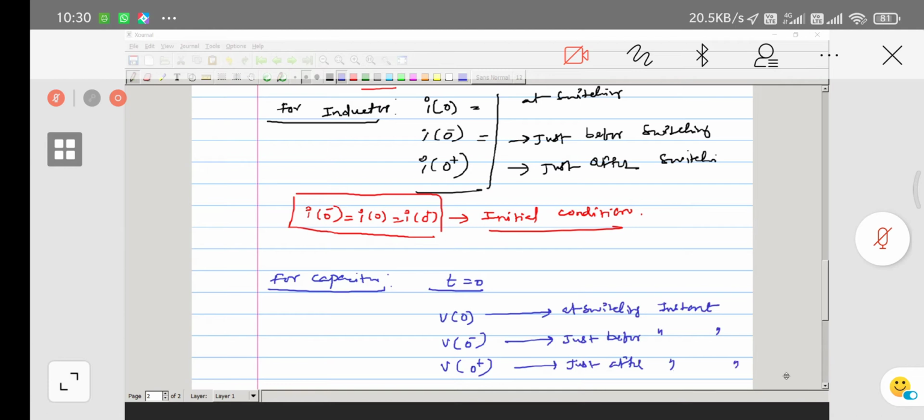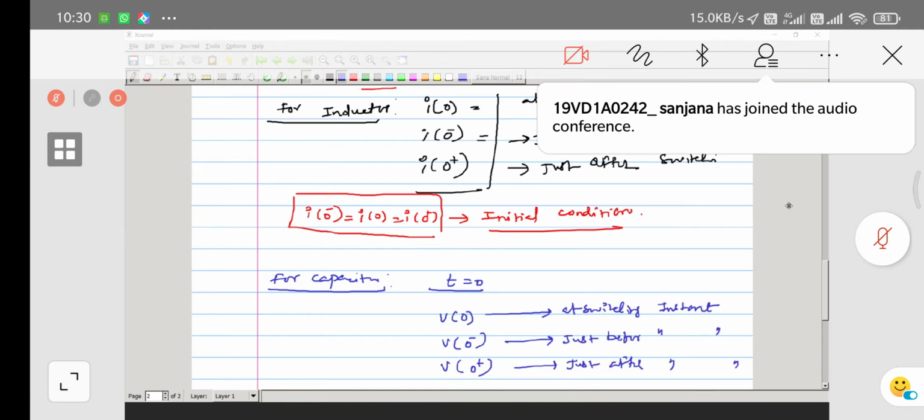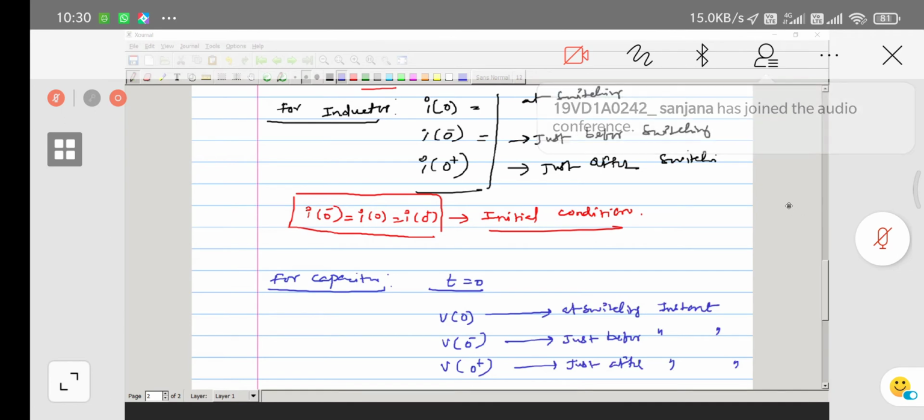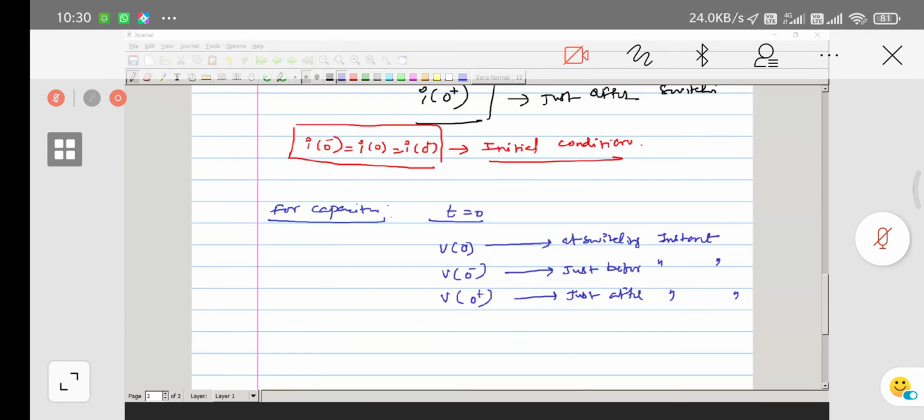So as you know, the voltage at t equal to 0, but here I am giving 0 minus, 0 plus and 0. So 0 is the switching instant, 0 minus is just before, 0 plus is just after. Within zero time the capacitor cannot allow sudden change in voltage. So both are equal.